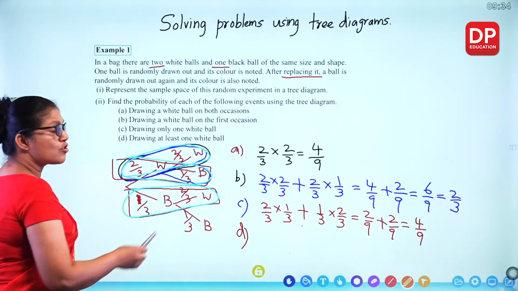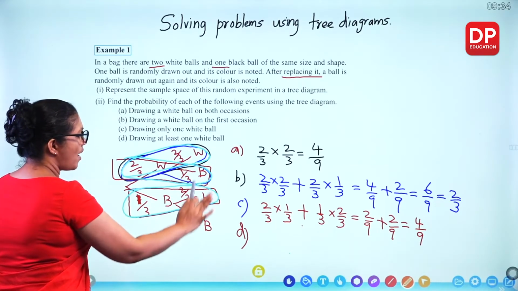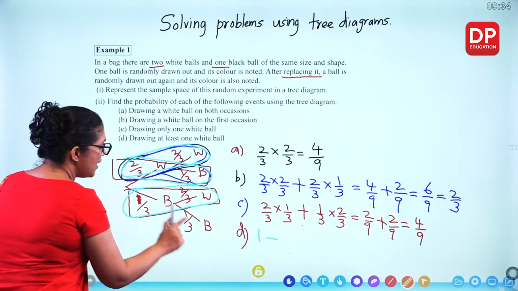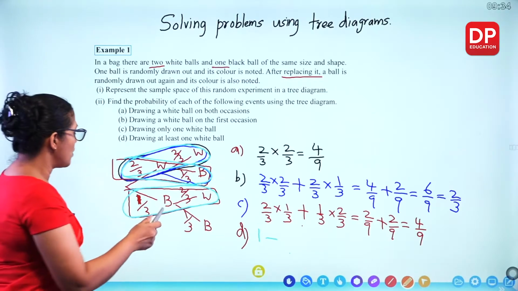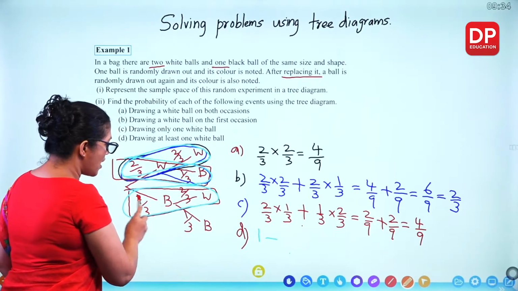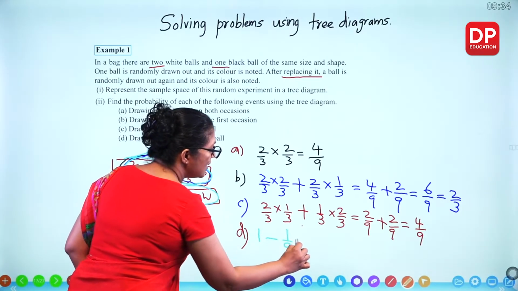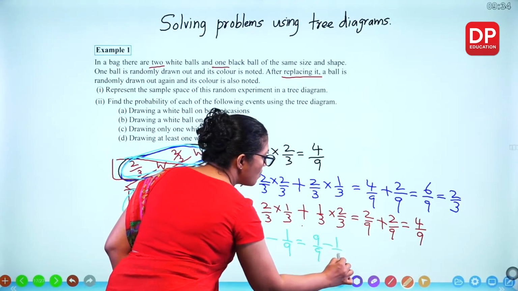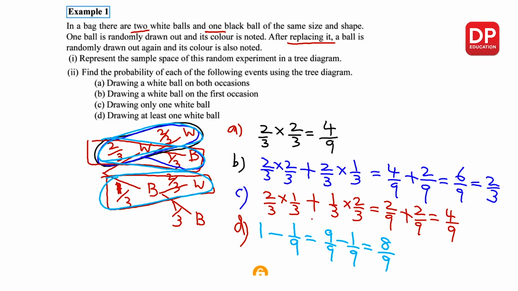But there's a short way of doing that. So the whole thing is 1. 1 minus this branch, you get the other branches. So here, what is this branch? 1/3 into 1/3 is 1 over 9. So here I can write 9 over 9 minus 1 over 9. This is 8 over 9.